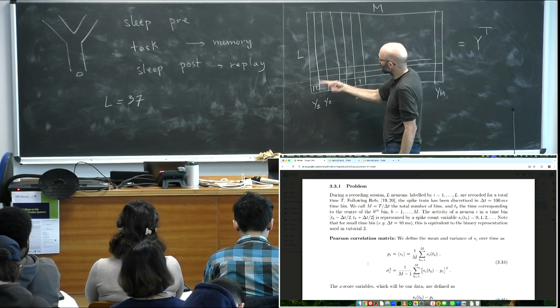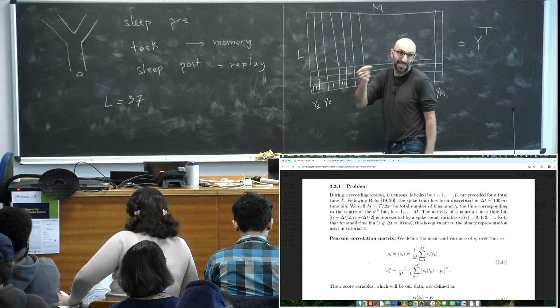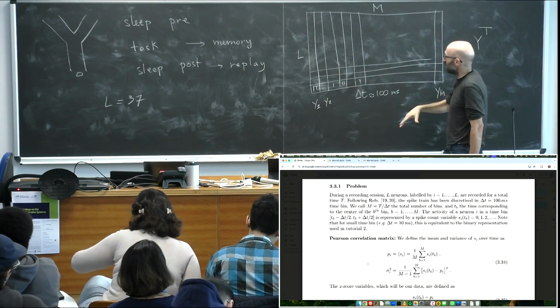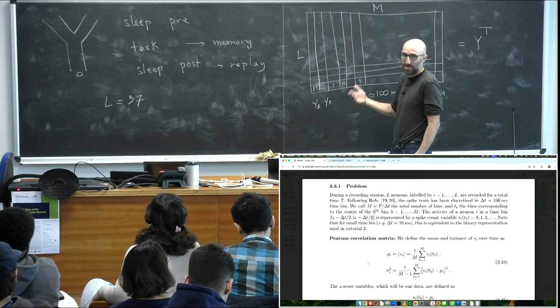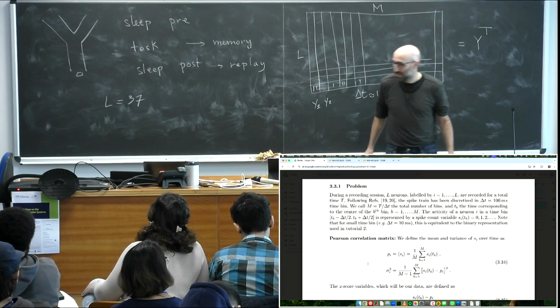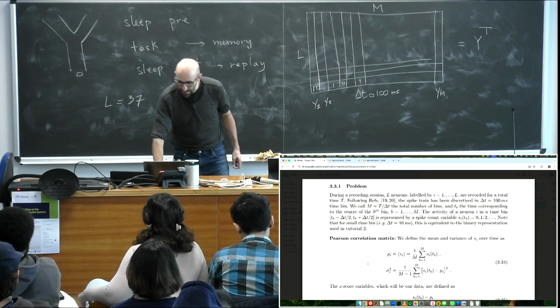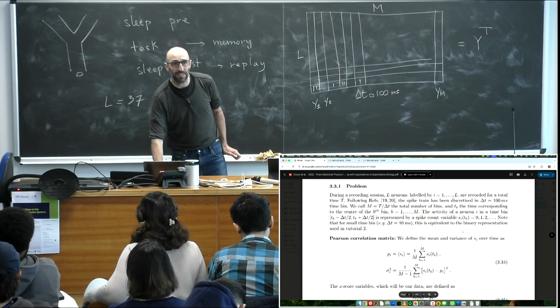The assumption is that each component, the activity of each neuron, is one variable, and these variables are taken from a multivariate Gaussian. So what we do here is we count the number of spikes in each bin.